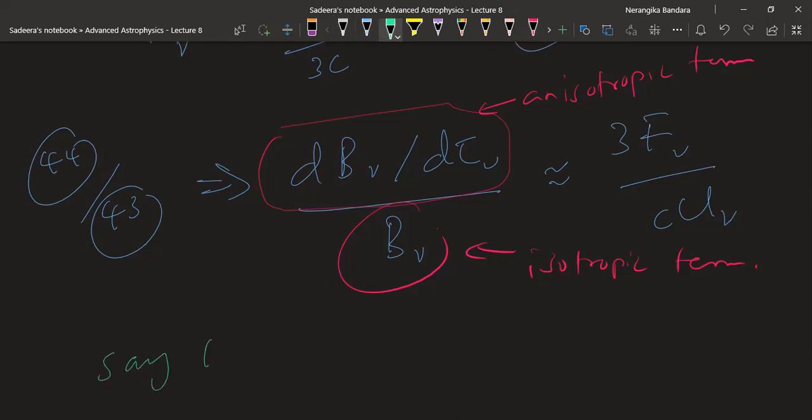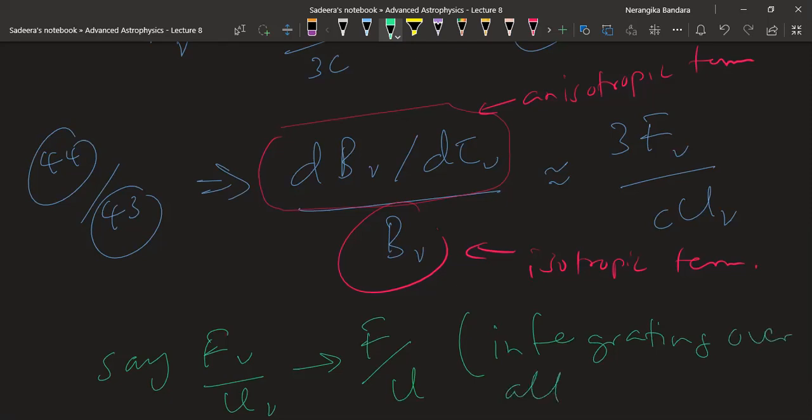Say that this ratio, which is flux divided by energy density, is dependent on frequencies. Let's say we just integrate over all wavelengths or frequencies, so that we're going to replace this by just F divided by u. Okay, so this is by integrating over all frequencies.